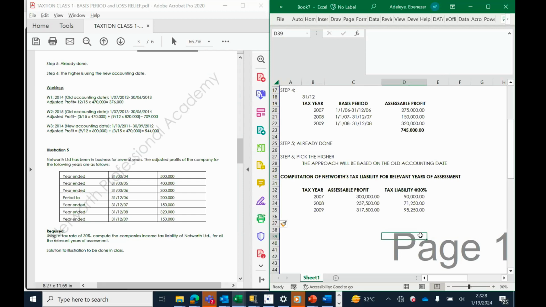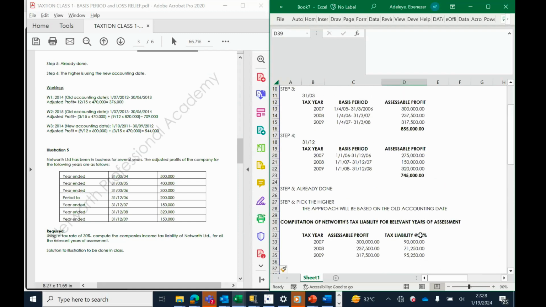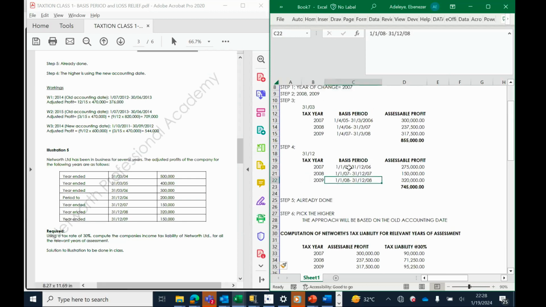Okay, please, in computing this assessable profit using the existing accounting date, in 2009, I'm getting a different calculation. You mean 2009, right? Yes, using the old, existing one. Okay, so let us look at what we did together.